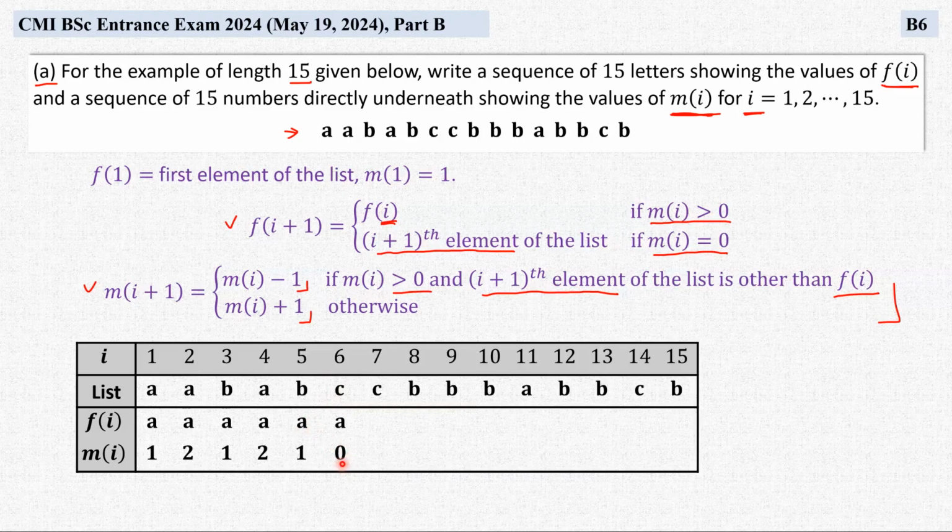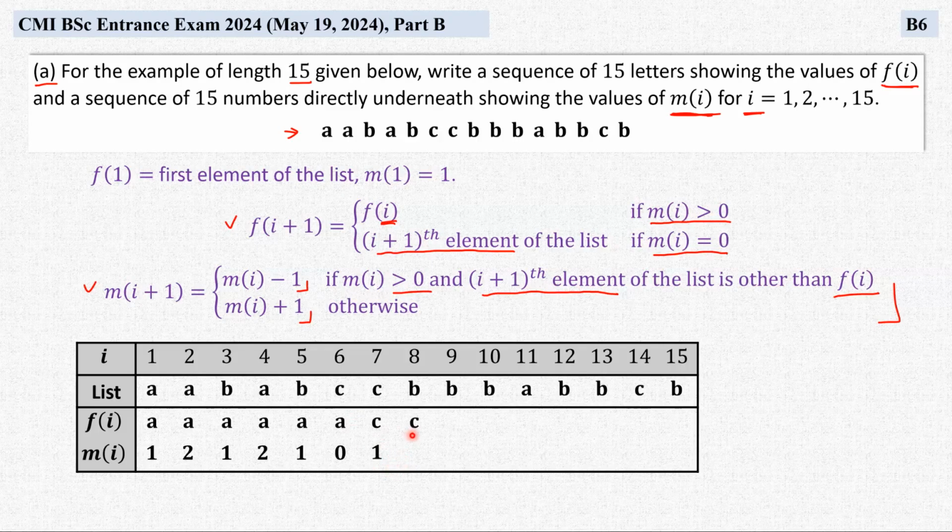The next is an interesting case, because now we have function m having value of 0, which is this second case, by the way. And it is this case where the value of function f can change. So it changes into a new element of the list, which is c. Moreover, function m has to increase because when the value of m is 0, it fits the second case.